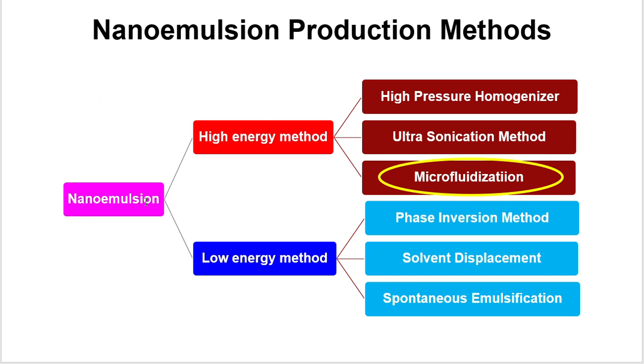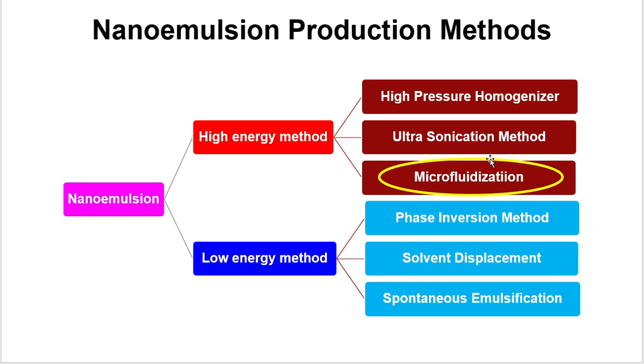So nanoemulsion can be prepared by different methods. For example, nanoemulsion can be produced by a high energy method or a low energy method. If we talk about the high energy method, we have the high pressure homogenizer, or we can use the ultrasonication method or the microfluidization method.